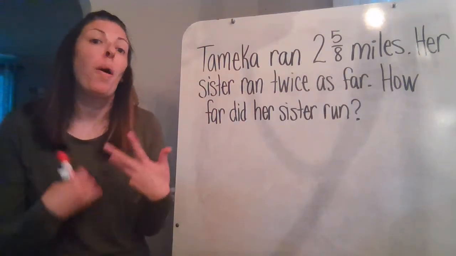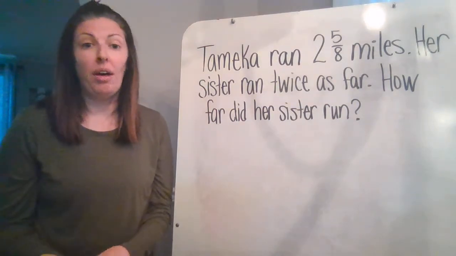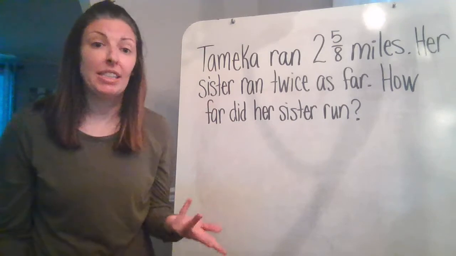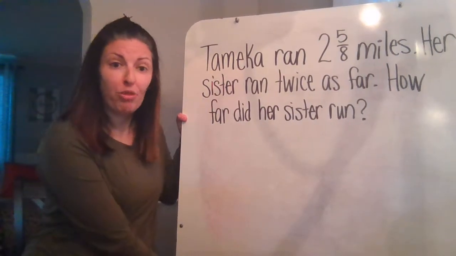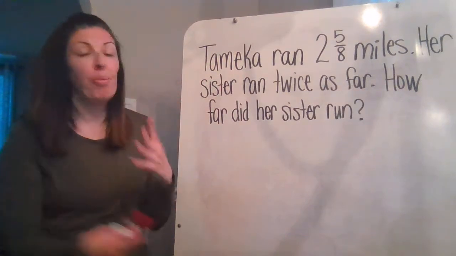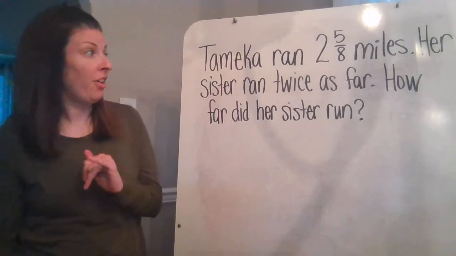However, it's even more important that we're able to really apply that into everyday situations. So, the next thing that we were going to do before we left is apply that to word problems. So I have an example word problem right here.